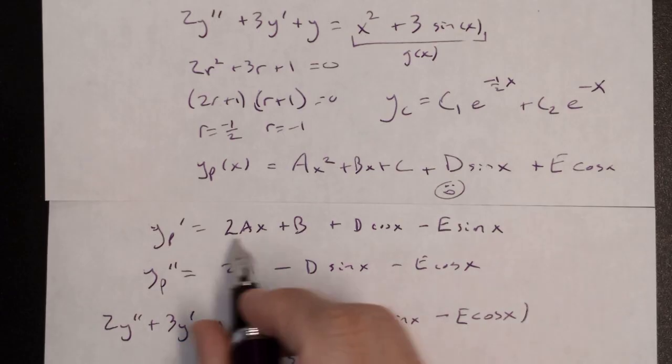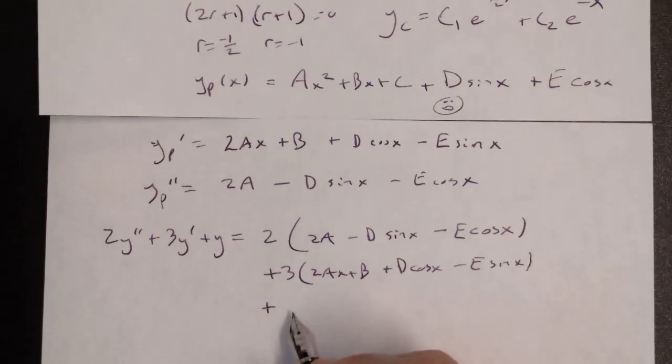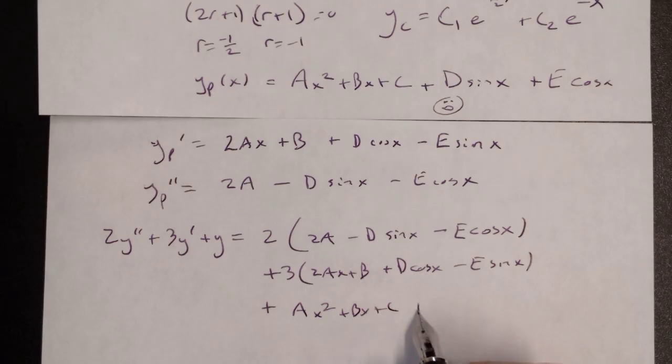Plus 3 times this one: 2ax plus b plus d cosine x minus e sine x. Plus y itself: ax squared plus bx plus c plus d sine x plus e cosine x.